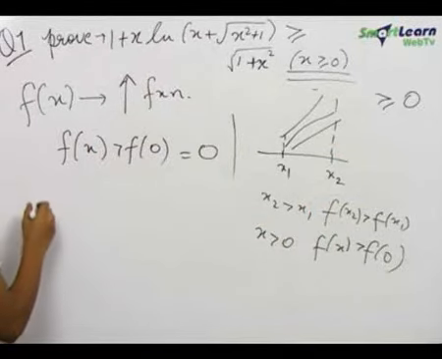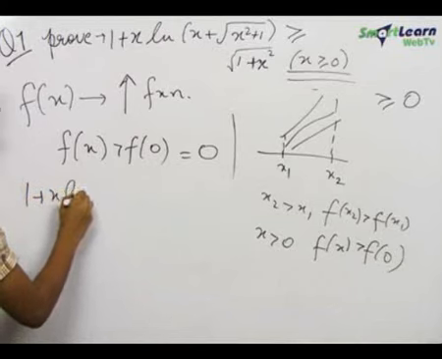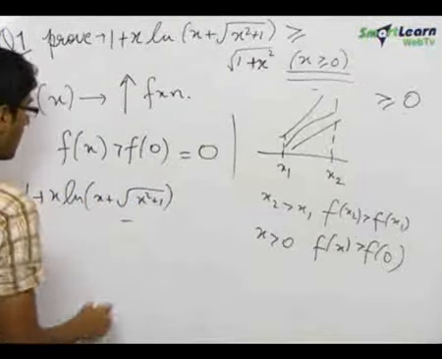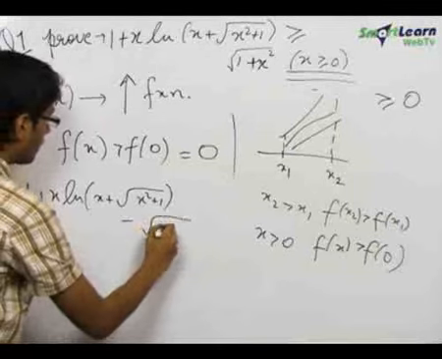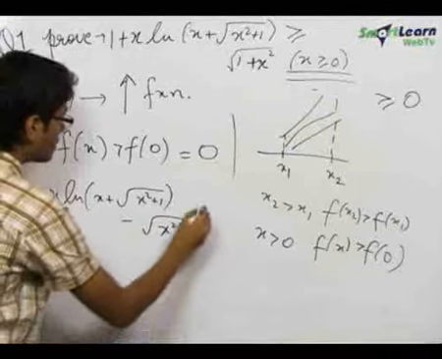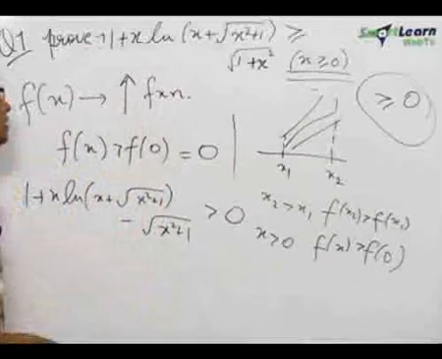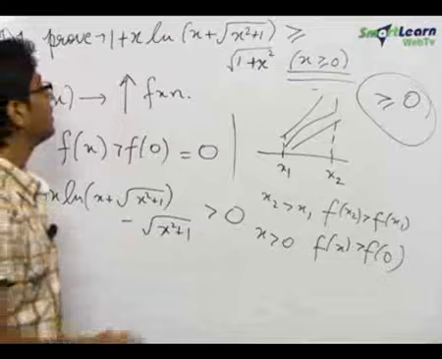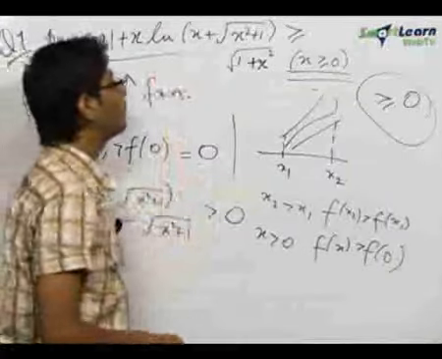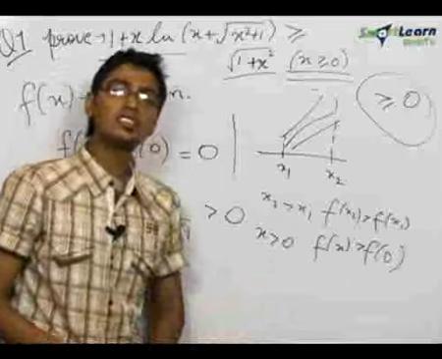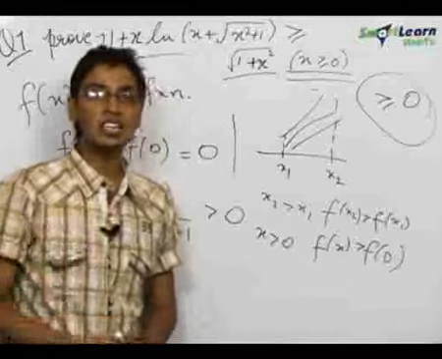So f of x was 1 plus x times ln of x plus under root x square plus 1, minus under root of x square plus 1, which is greater than 0, and we needed to prove this only. Hence we have proved the inequality 1 plus x into ln of under root x square plus 1 plus x is greater than or equal to under root of 1 plus x square using the simple concepts of increasing and decreasing nature of functions.